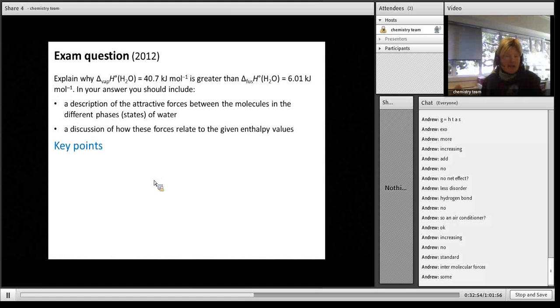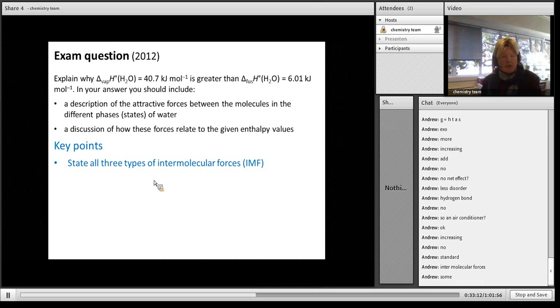Okay, so here's just, as I say, a bit of a sidetrack, going back to what we did before. But here they use the delta H vap and delta H fusion, and you can see it's talking about the attractive forces and so on.